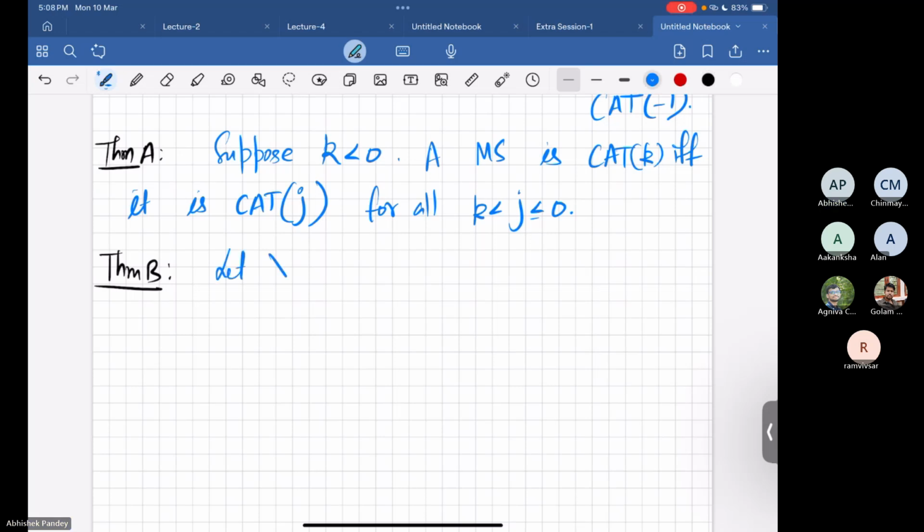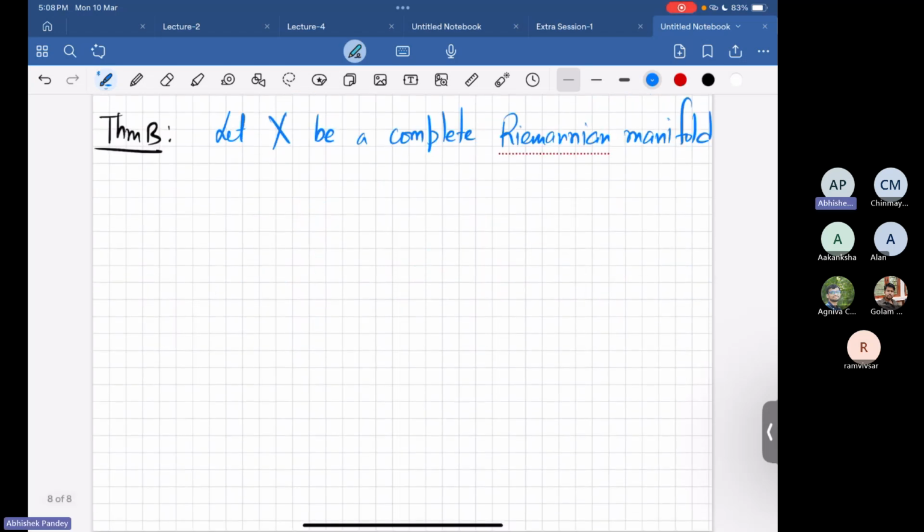Let X be a complete Riemannian manifold, and let k be less than or equal to 0. The theorem is: X has curvature less than or equal to k.